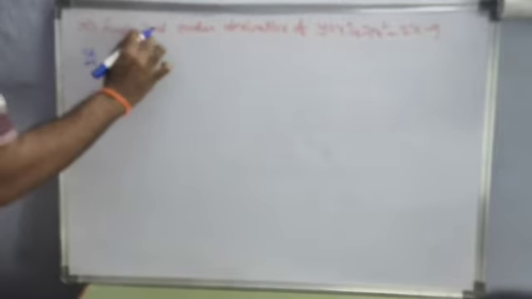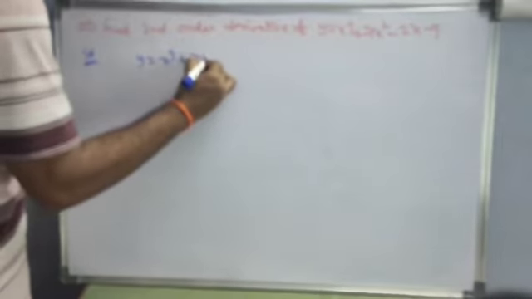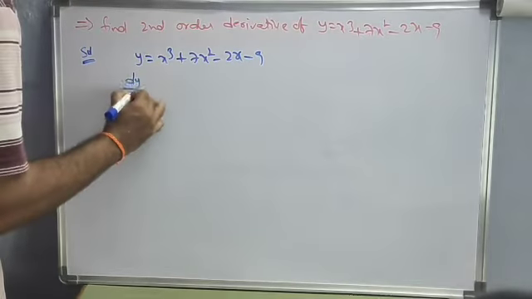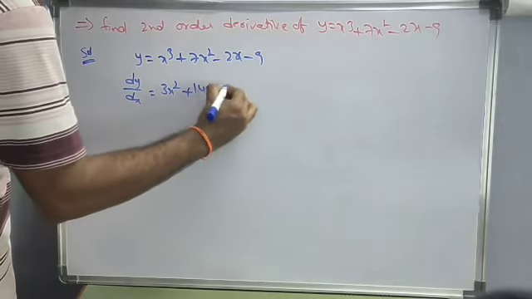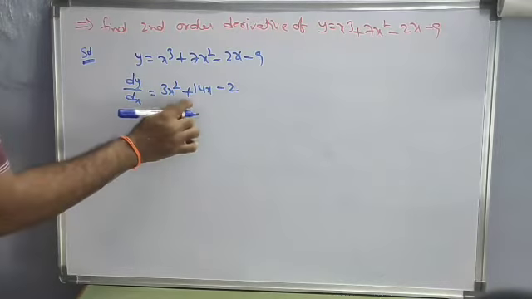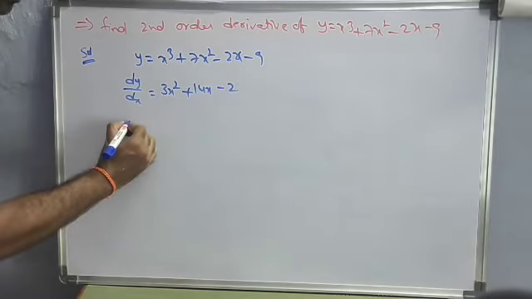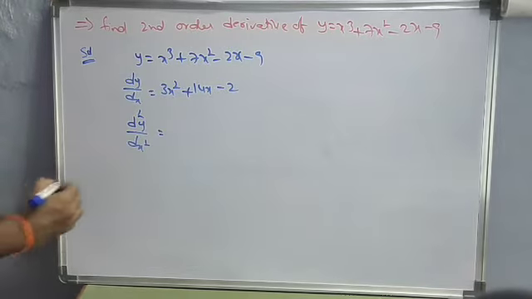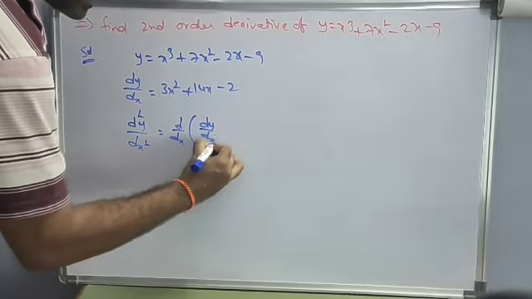Solution: we have to find the second order derivative, that means d square y by dx square. It is very simple. Given y equal to x cube plus 7x square minus 2x minus 9, dy by dx equals 3x square plus 14x minus 2. This is the first order derivative. Next, d square y by dx square, that means d by dx of dy by dx.